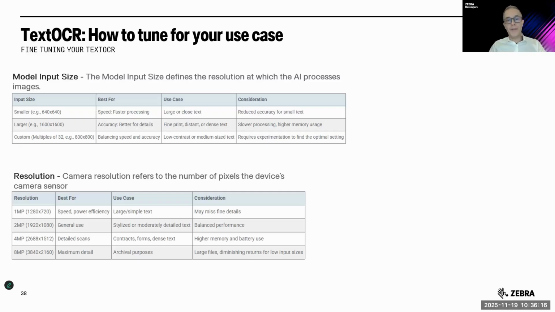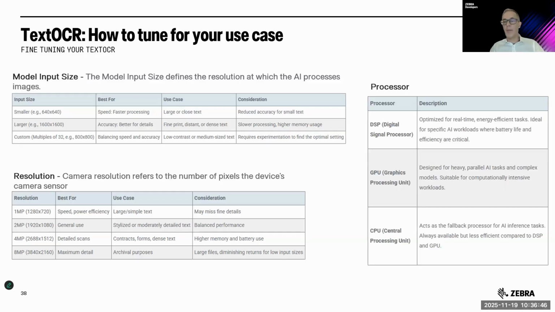Camera resolution also affects the way the text is decoded and recognized inside the images. Same reasoning: you can use a lower resolution for large text and you gain speed. Otherwise, you have to scale up the resolution depending on the specific use case. That's something that you typically control through CameraX or Camera2 libraries in Android.